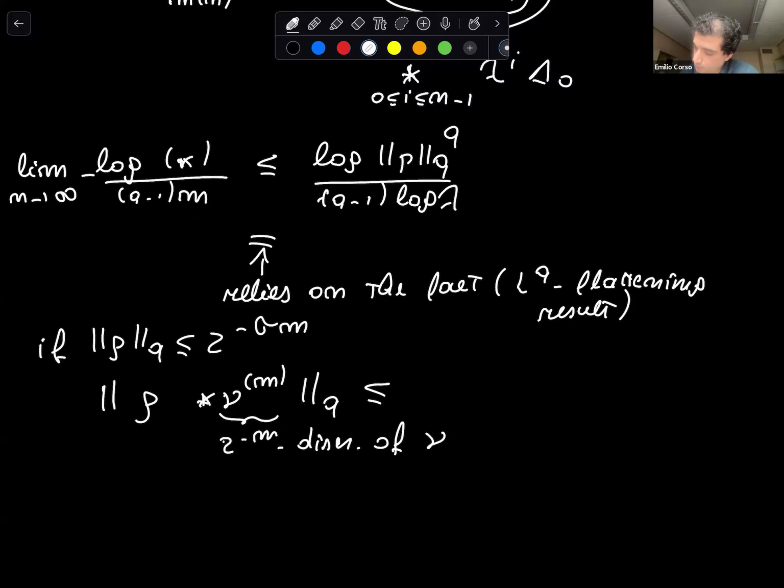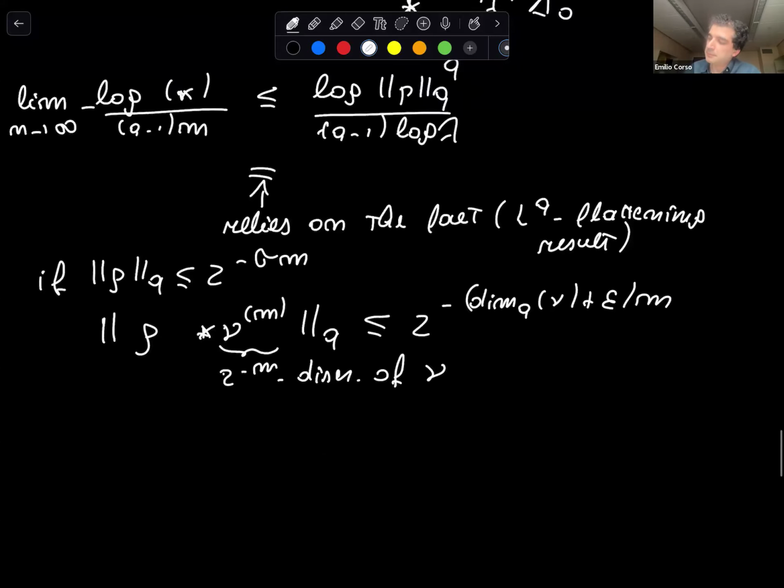This is 2 to the minus, how should I say this, okay, dim_q nu plus epsilon, so you get a strict improvement upon Young, where epsilon here doesn't depend on anything apart from sigma.